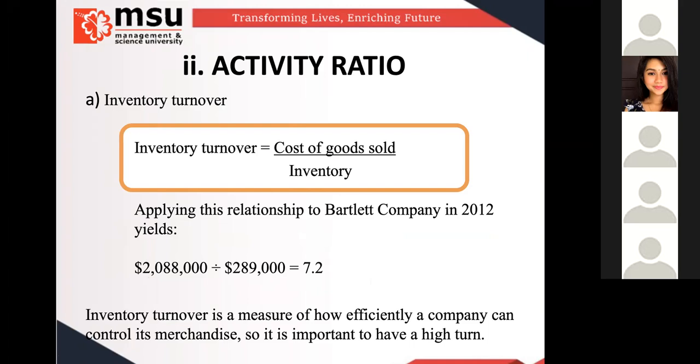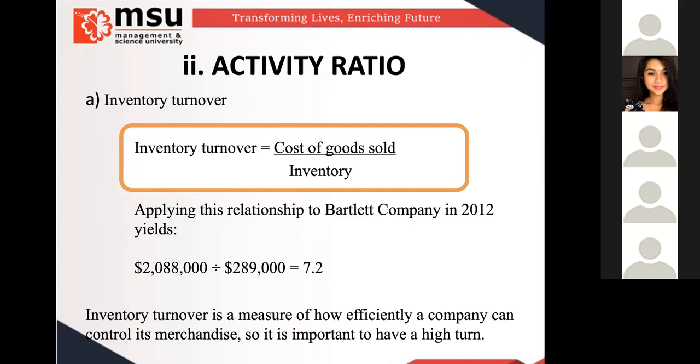So approximately in 1 year, there are 7.2 times of restocking products. Is it good? Yes, it's good, because at least they have circulation of the inventory. Basically, the higher the number, the more active the inventory turnover.